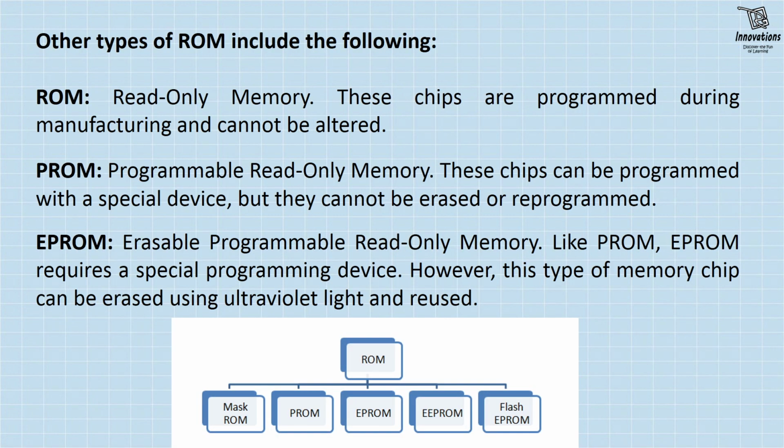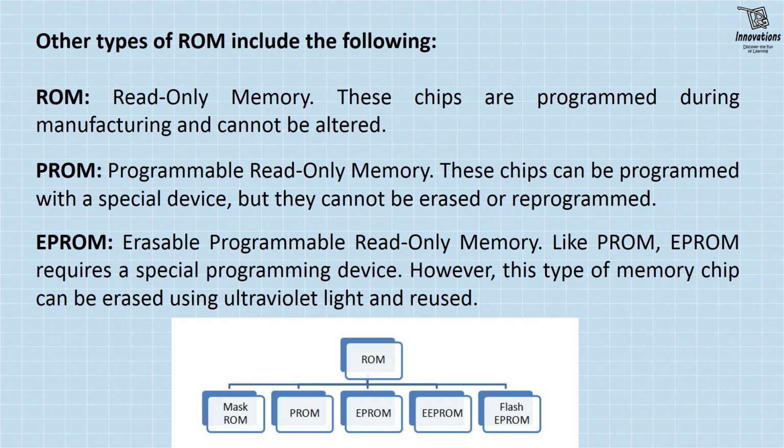Other types of ROM include the following. ROM, that is read-only memory. These chips are programmed during manufacturing and cannot be altered. PROM, programmable read-only memory. These chips can be programmed with a special device but they cannot be erased or reprogrammed. EPROM, erasable programmable read-only memory. Like PROM, EPROM requires a special programming device.